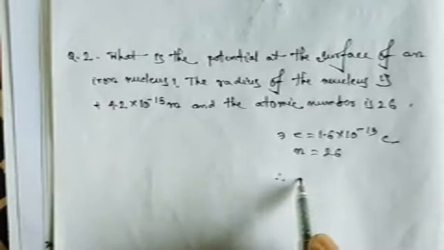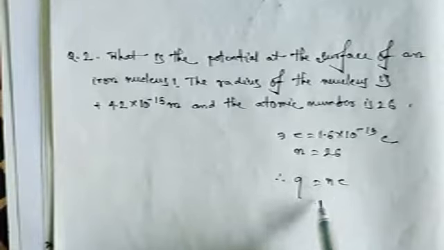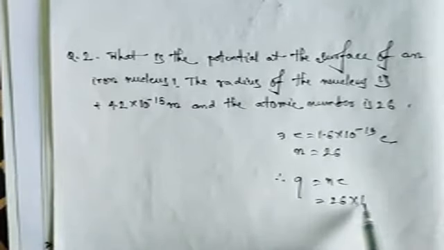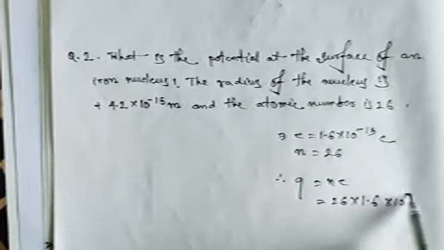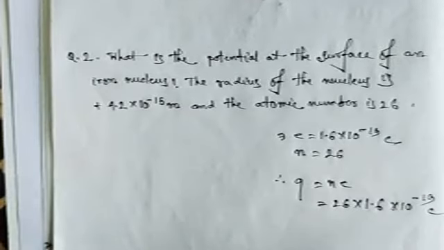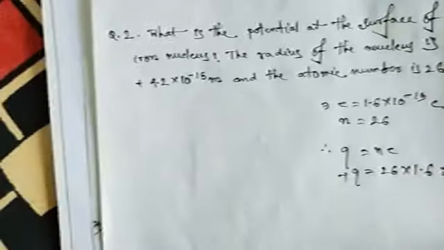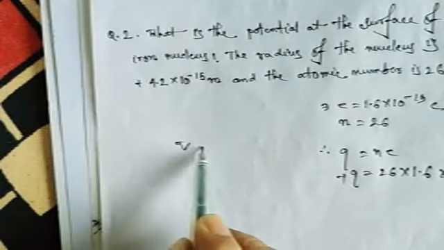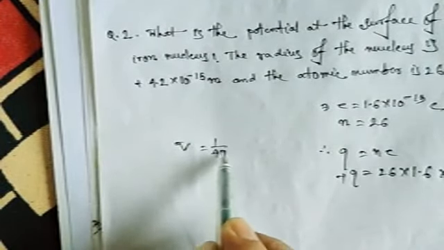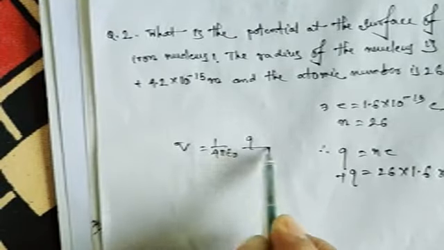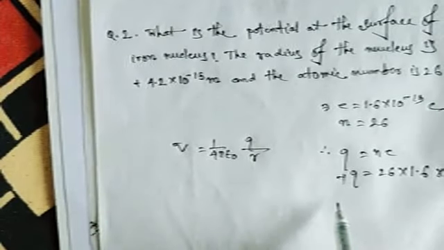Therefore, charge Q equals n into e, that is equal to 26 into 1.6 into 10 to the power minus 19 coulomb. This is the total charge. Of course, this charge is a positive charge. Now, the formula for potential V is 1 by 4 pi epsilon naught into Q by R. Radius is already given.